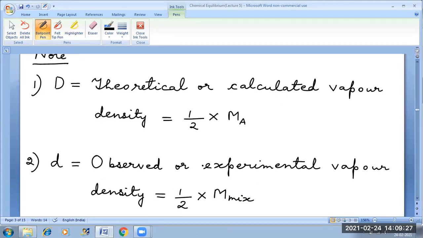And the final vapor density at equilibrium is called observed or experimental vapor density. Be thorough with these terms.